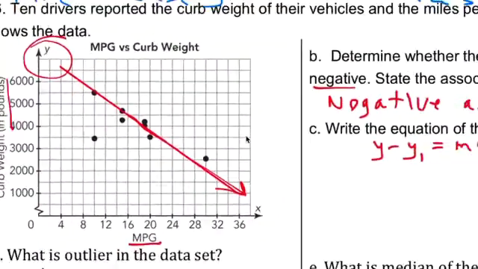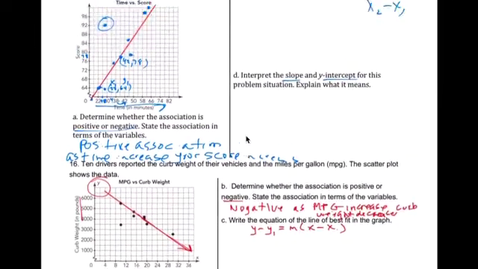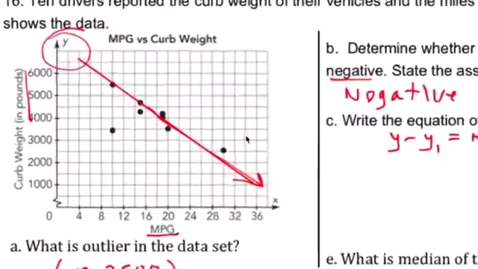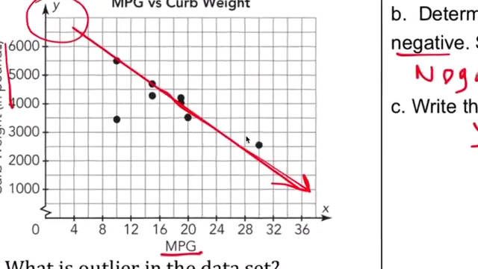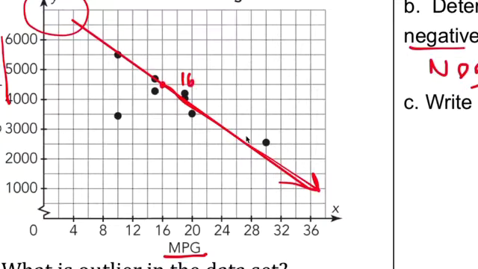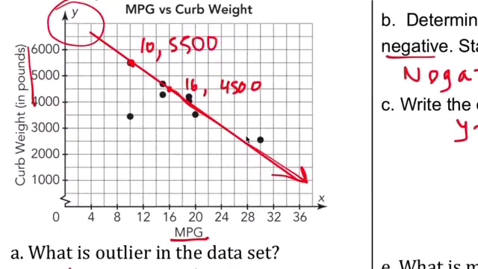Try to pick numbers like this one, that's 16 and 4500, and then 16, that one, 10 and 5500. So it'll be like 1000 over 6.